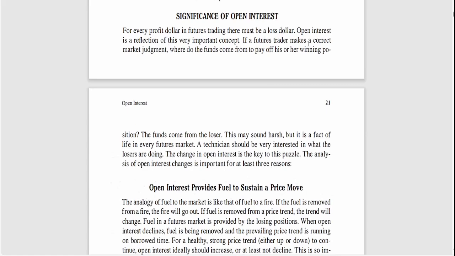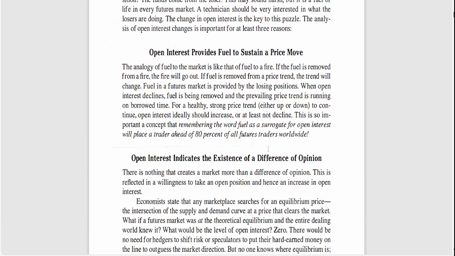If a futures trader makes a correct judgment, where do the funds come from to pay for his winning trade? The funds come from the loser. This may sound harsh, but it is a fact that a technician should be very interested in what the losers are doing. Read this, very important.